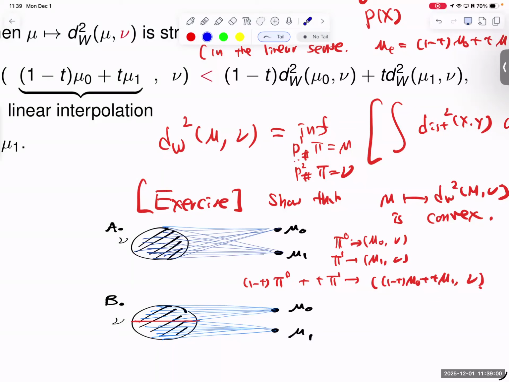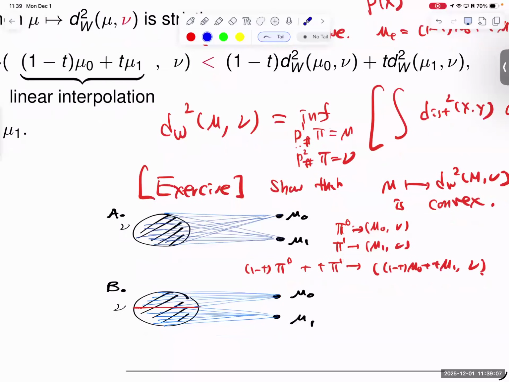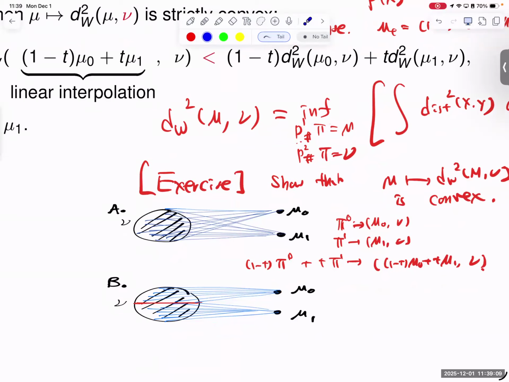Yes. What happens when nu is a Dirac right in between them? Right, that's a good point. In general, this happens because nu is spread out. Nu is absolutely continuous, so you can divide this region into two, and then these strictly smaller distances appear.